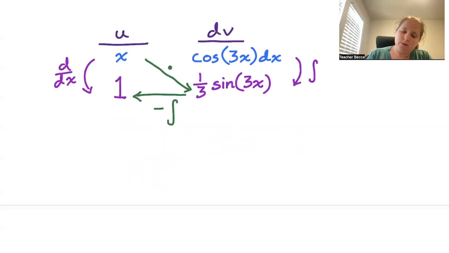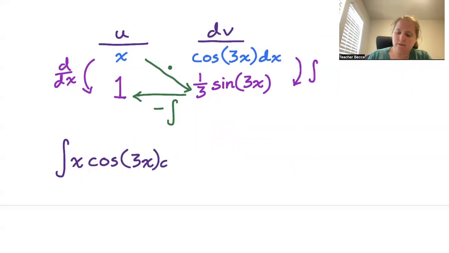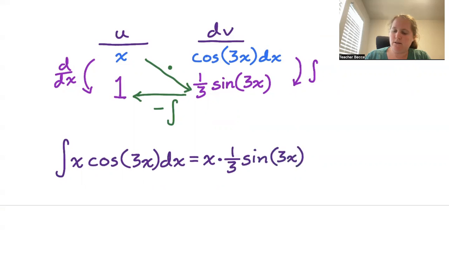So this becomes, we have the integral of x cosine of 3x dx is equal to x times 1/3 sine of 3x minus the integral of 1 times 1/3 sine of 3x dx.